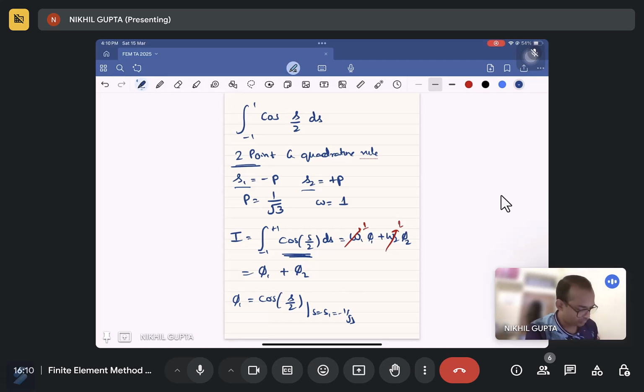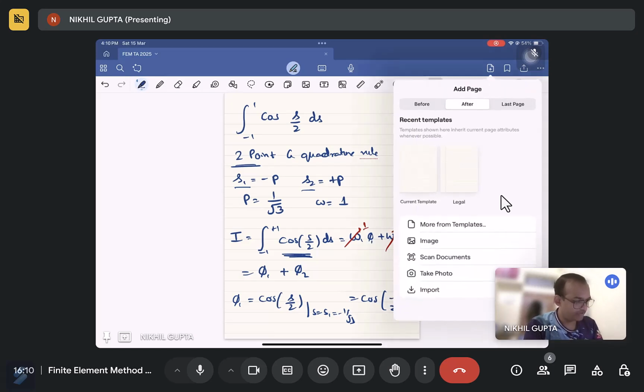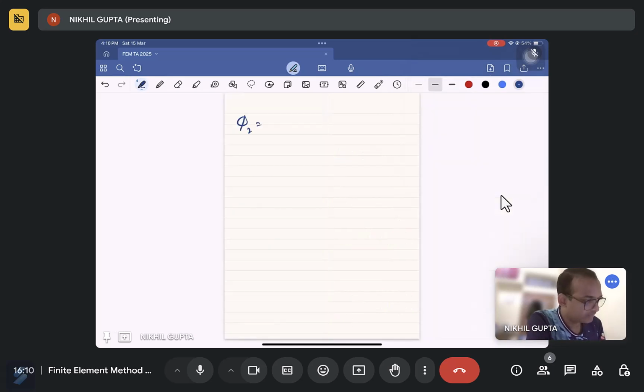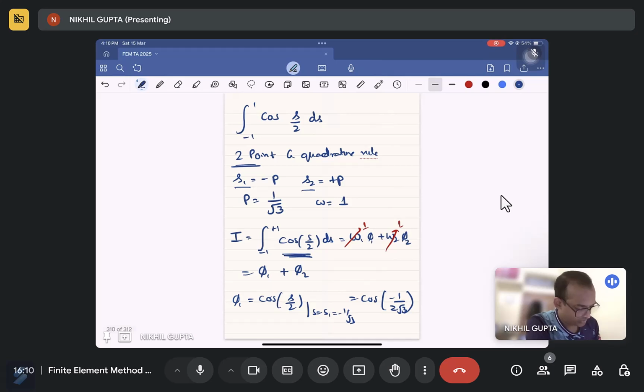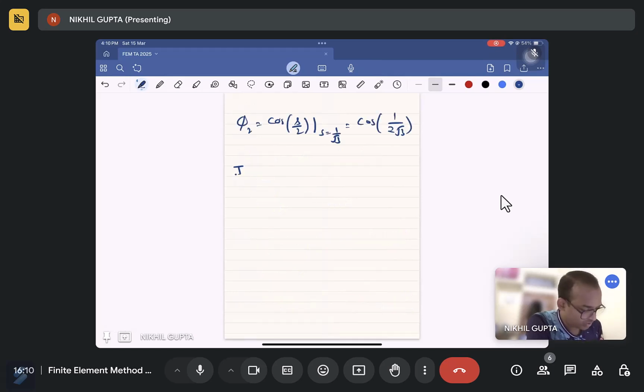So this will give you cos of minus 1 by 2 root 3. Similarly, phi 2 you will calculate, which will be cos of s by 2 at s equal to plus 1 by root 3, so it will become cos of 1 by 2 root 3. Simply we put the values here: cos of minus 1 by 2 root 3 plus cos of 1 by 2 root 3.